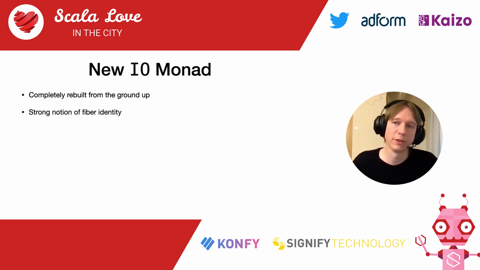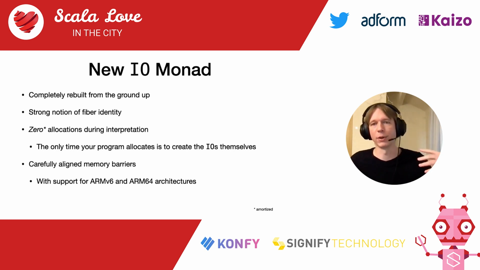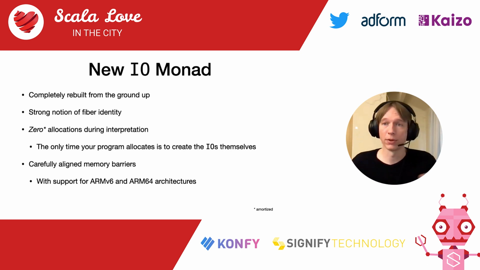It has a strong notion of fiber identity now, which is really, really helpful, particularly for implementing things like fiber locals and tracing. There are zero allocations during interpretation of the system. And I should clarify, it's sort of zero, amortized. But when you're interpreting an IO program, the interpreter will not actually add any allocations to that whatsoever.